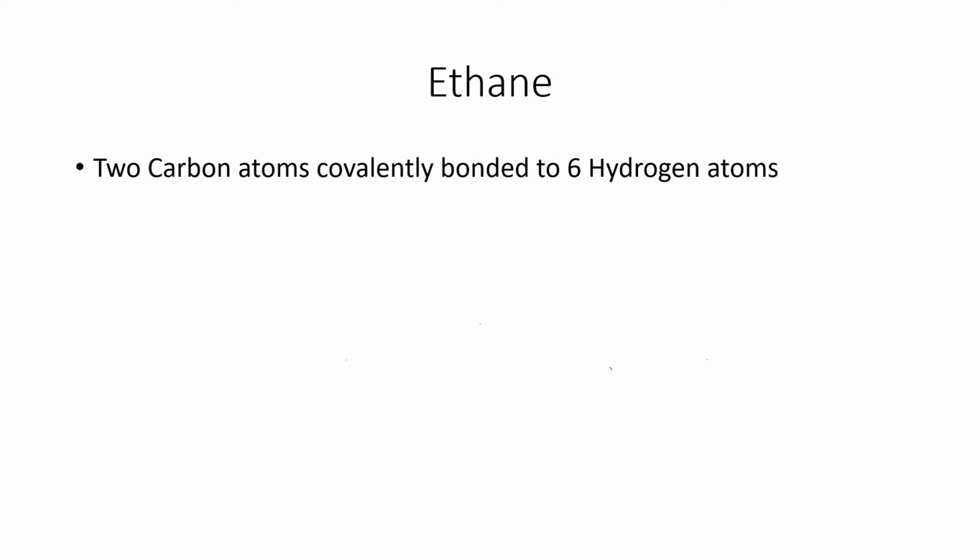Let's go to our next slide. Eth means 2. ANE is single bonds. So we're going to have 2 carbon atoms covalently bonded to 6 hydrogens. So 2 carbon atoms in the chain, single bonds. Each carbon wants to be bonded 4 times, so I'm going to have 3 hydrogens around it.